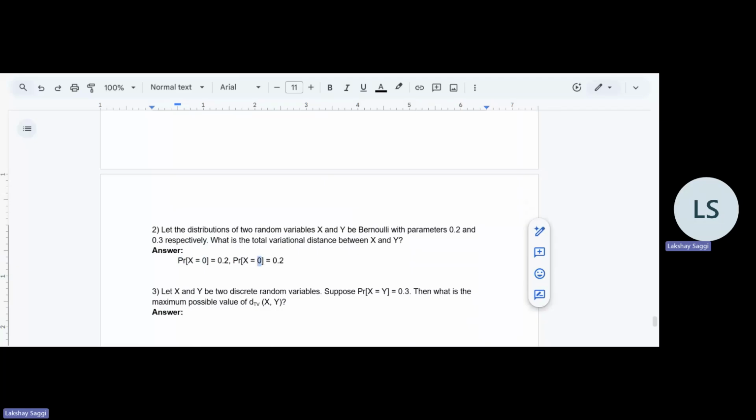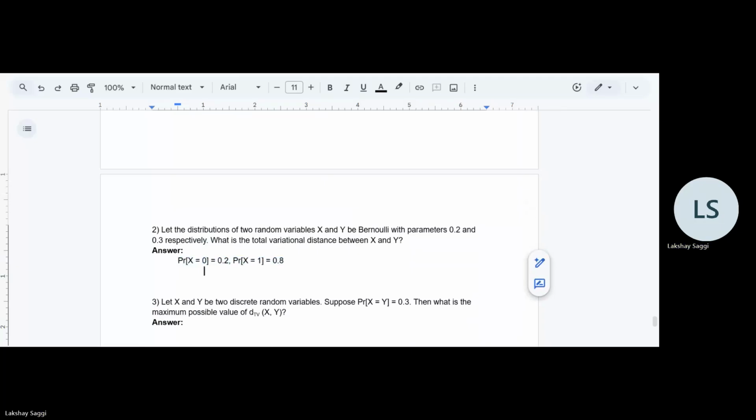And the probability that x is 1 is 0.8. Similarly, for y, the probability that y is 0 is 0.3, and the probability that y is 1 is 0.7, right?